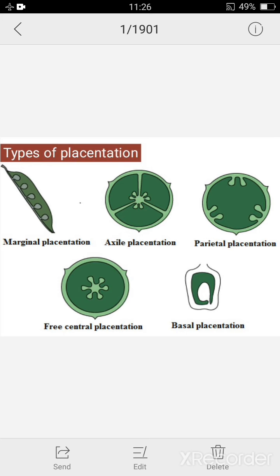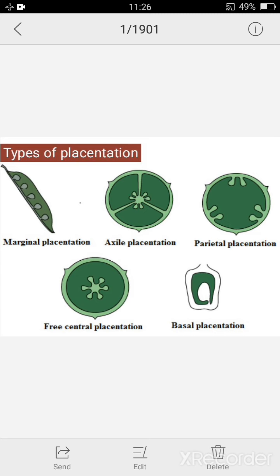As the name itself indicates, free central, they are freely present in the central portion of the ovary, borne at the central axis. Example: dianthus and primrose. I repeat the examples once again: dianthus and primrose. Please make a note.